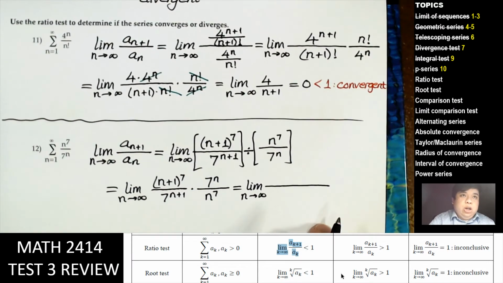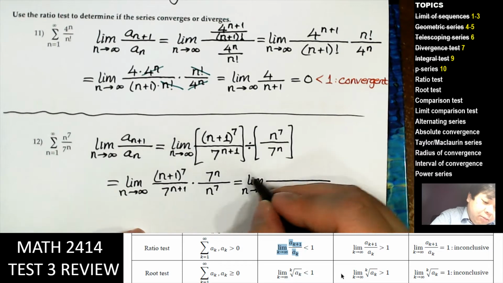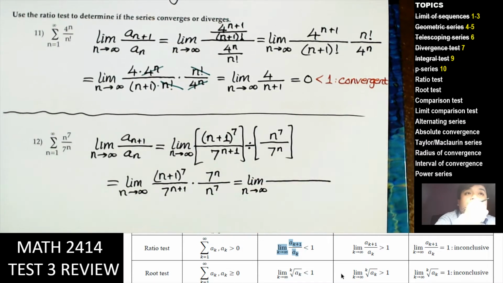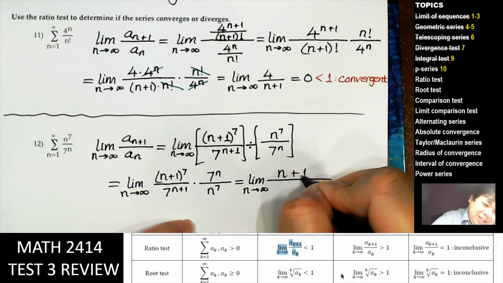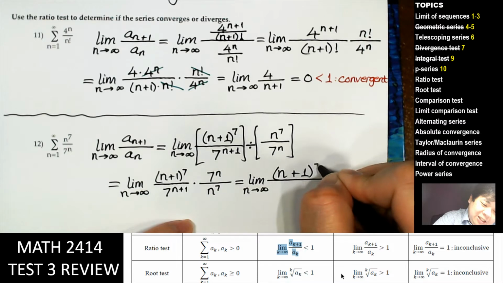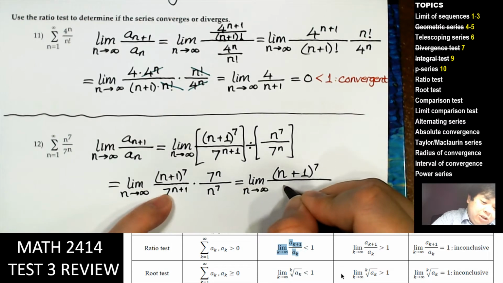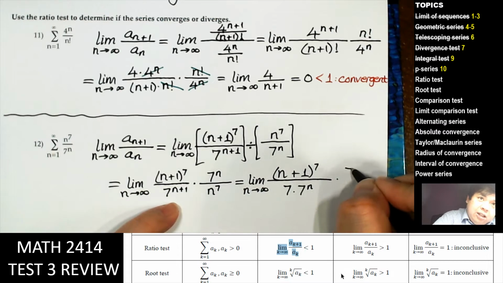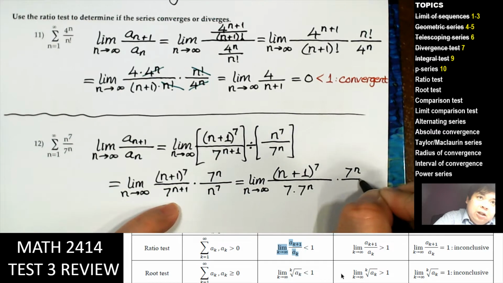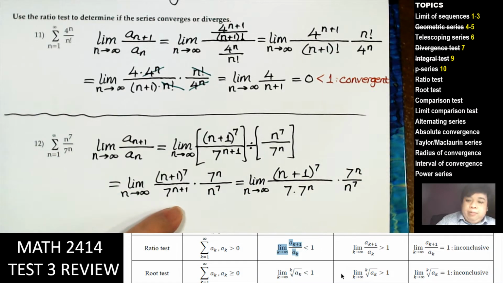Now we rewrite a little bit. n plus 1 to the 7. We cannot do anything with that, so I'm just going to leave that there. But this one we can say 7 times 7 to the n, and then 7 to the n, and then n to the 7 power.